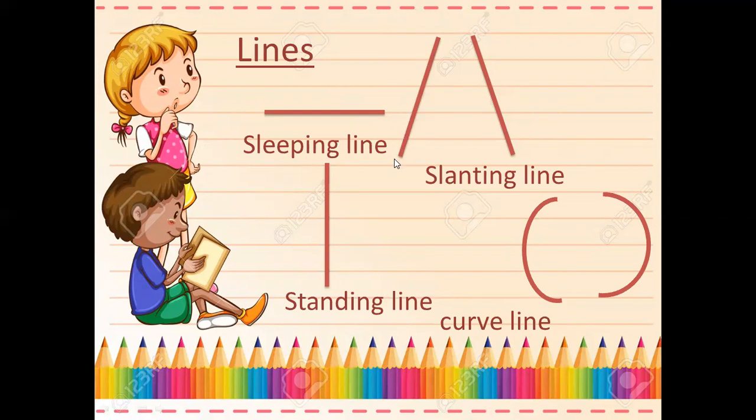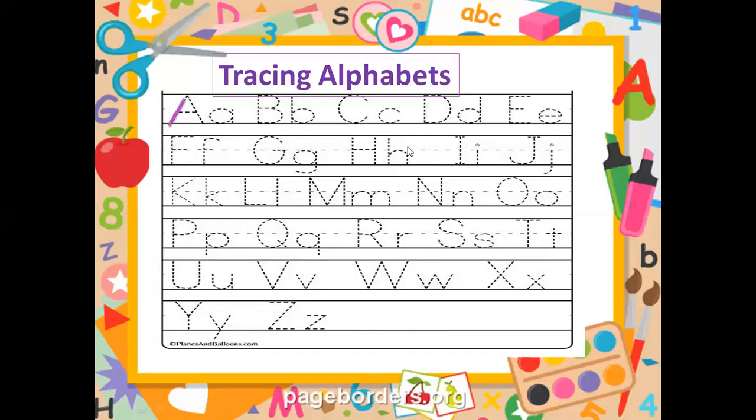We are using two slanting lines in capital A, opposite to each other, and one sleeping line crossing these two slanting lines. How? Now look here, one slanting line from top to the bottom.